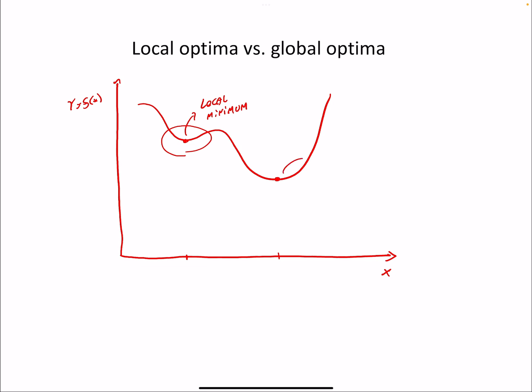This is what we call a global minimum of this function, because there is no other point anywhere in the independent axis which produces a function value which is lower than this global minimum. And by the way, here you would have a local maximum.